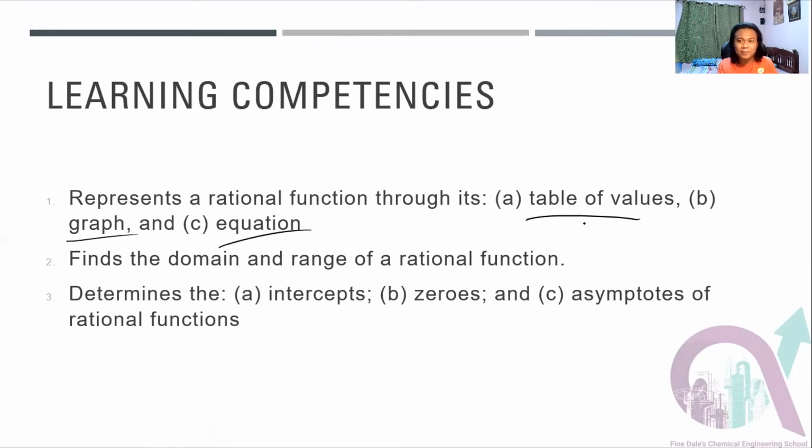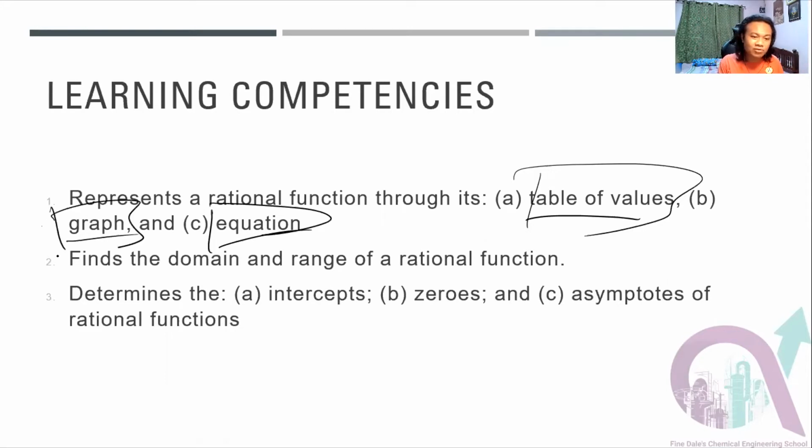We already represented the equation and table of values in the last video, so I no longer need to teach that. Now I want to focus on graphing, and graphing also uses a table of values, just briefly, but the focus of this video is graphing rational functions.